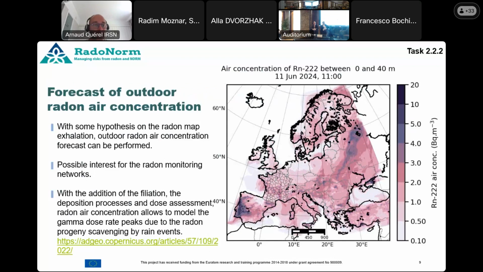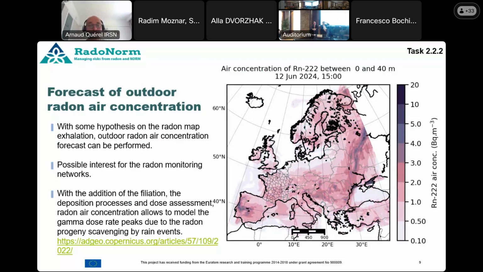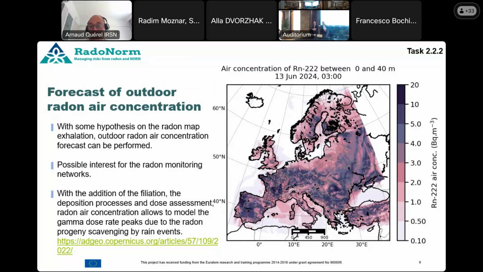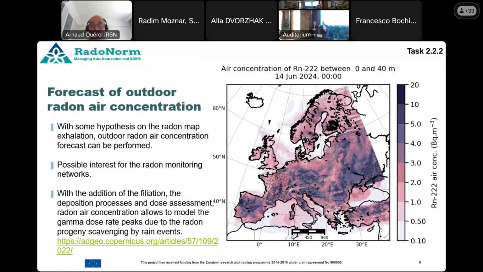Before finishing, I would like to present some perspectives. One of the utilities of this modeling is that we are able to perform forecasts of radon air concentration, because we only need to make some hypotheses on the radon exhalation maps, and using the forecast of the numerical weather prediction models, we are able to forecast the radon air concentration for the coming 4 days. And it has an interest for radon air monitoring.